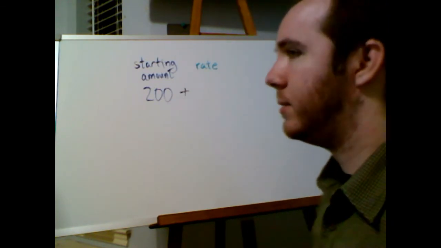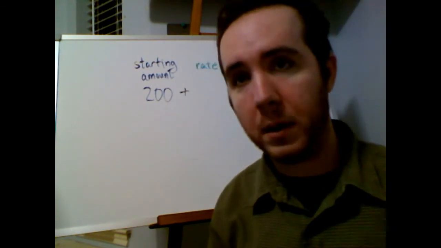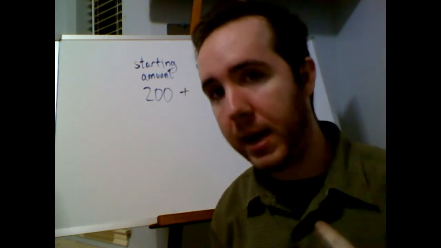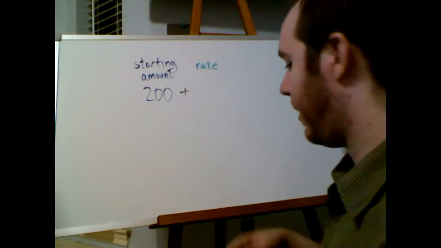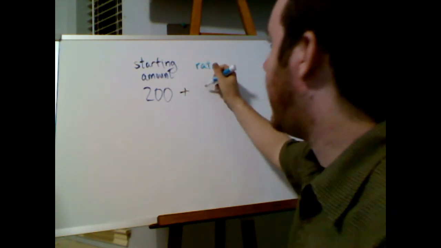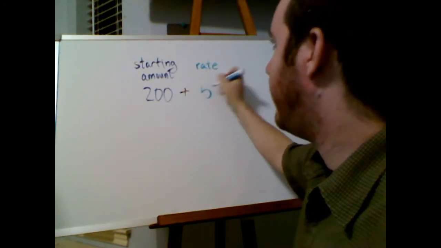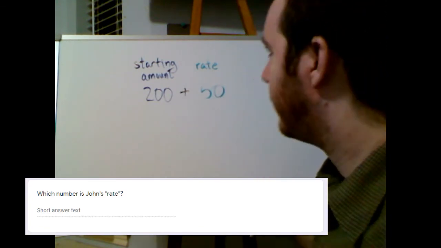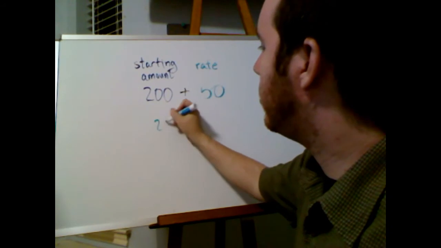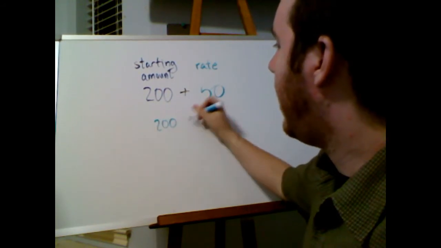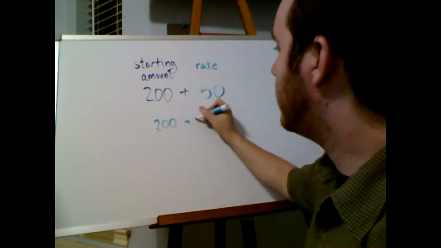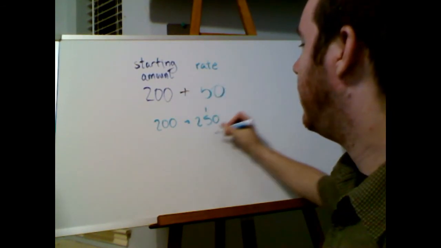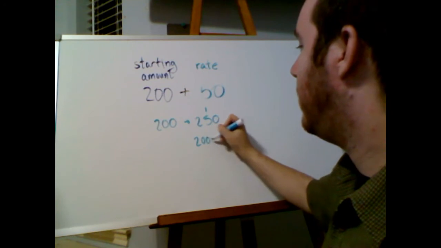So in this case, because we're adding, he's gaining $50 a week repeatedly. He's not just getting $50. It's not just he got to 250 and called it a day. No, he's getting this every week. So he's going to start off with the 200, and then he's going to get 250 after the first week, because that's 200 plus 50.